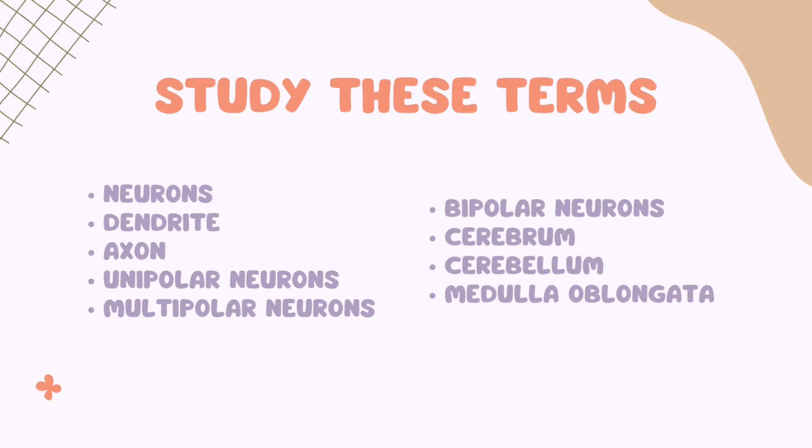Next we have the multipolar neurons. These are motor neurons usually connected to muscles to make them contract and move. The next one is the bipolar neurons.